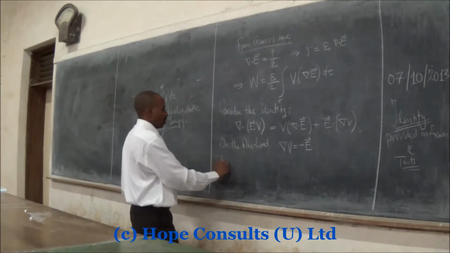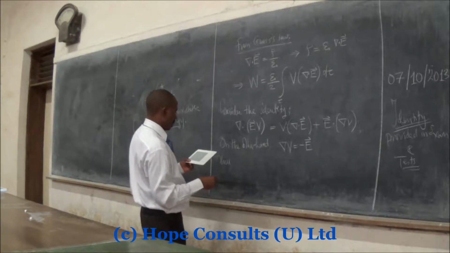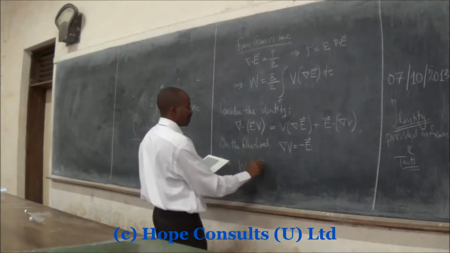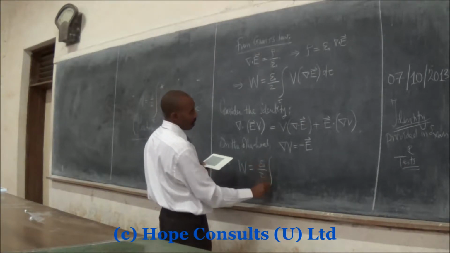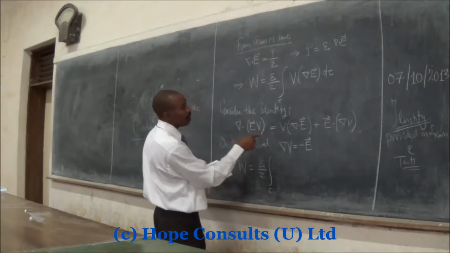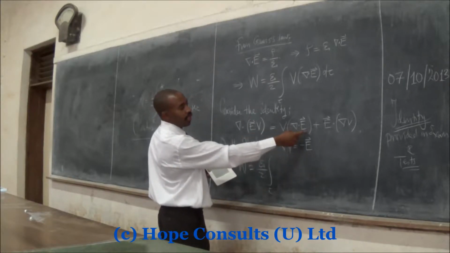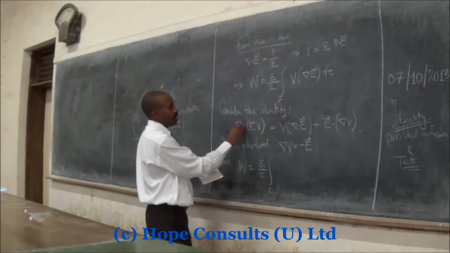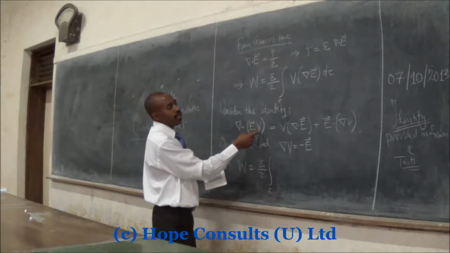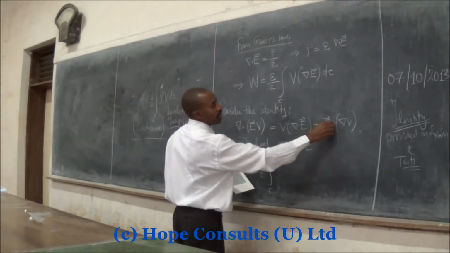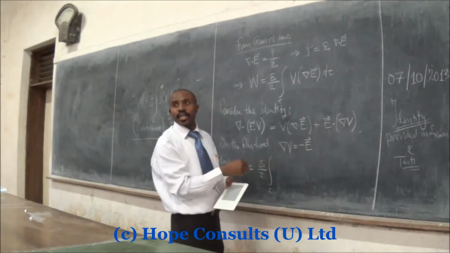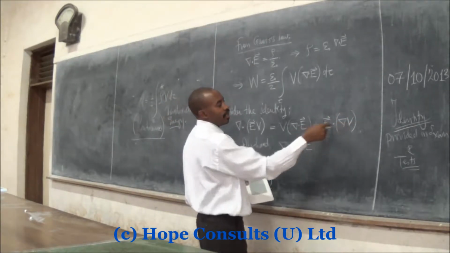Thus we can have a new way of stating our work done as being the same as epsilon naught over 2 integral over tau, and instead of V divergence of E, we now have the divergence of EV minus E dot grad V. You may ask, V is a scalar, how can it be dotted with E?